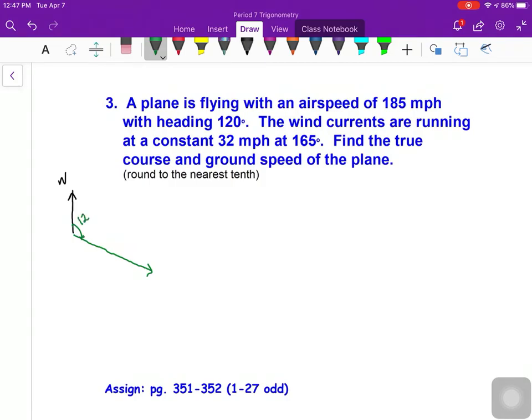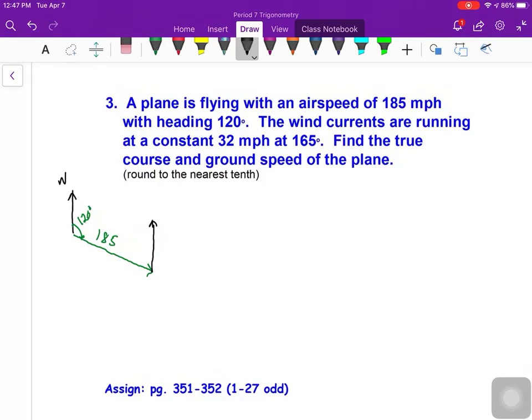Now straight to the right would be 90, so 120 degrees is going to be somewhere over here. And the magnitude of that is 185 miles per hour.